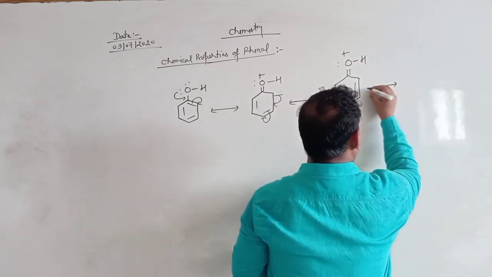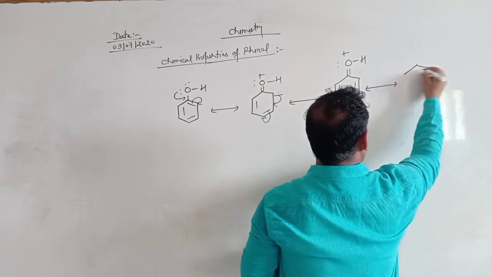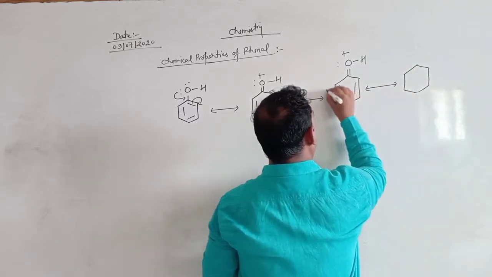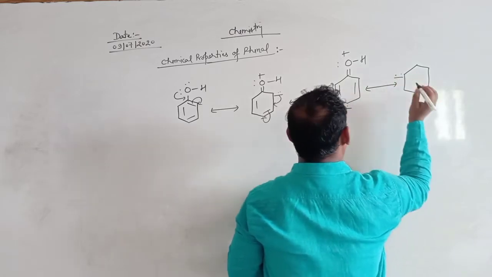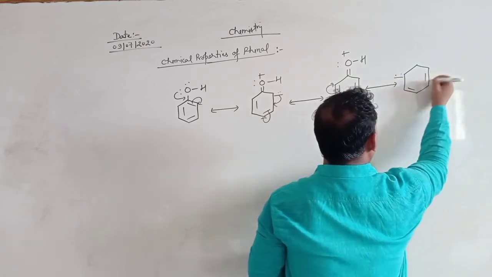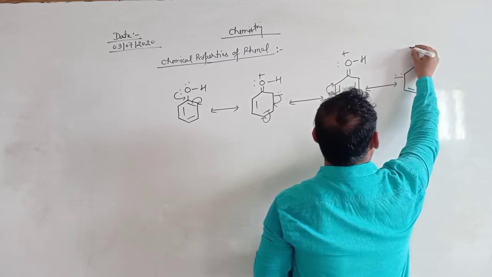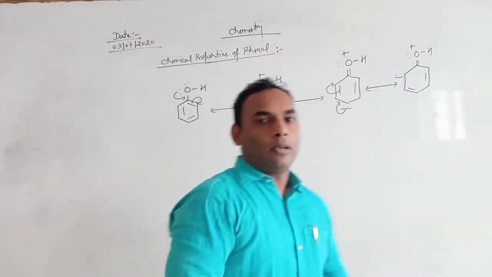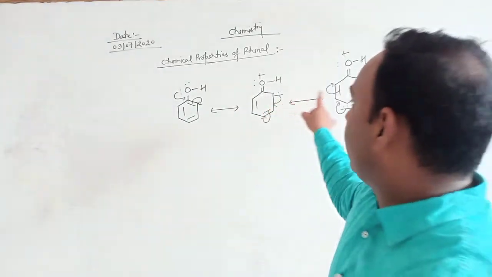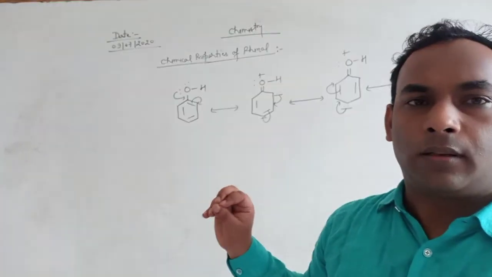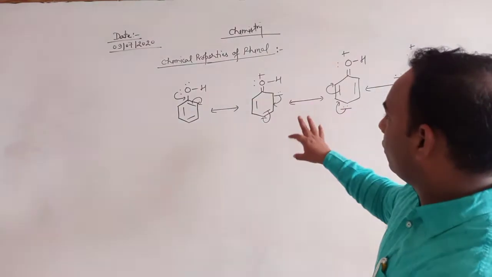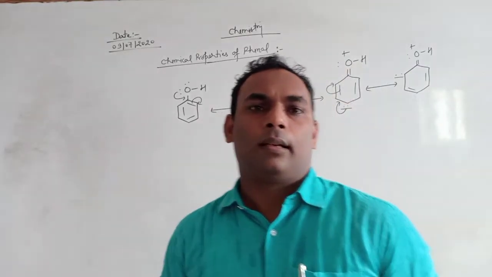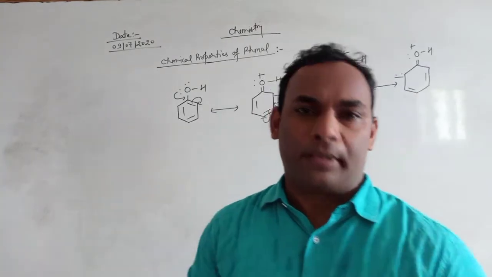And the last one is... So, by seeing the resonating structures of phenol, we observe that at ortho and para positions, the electrons are present.